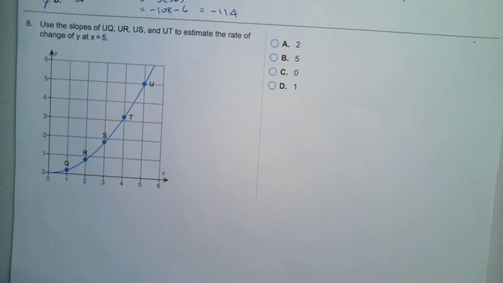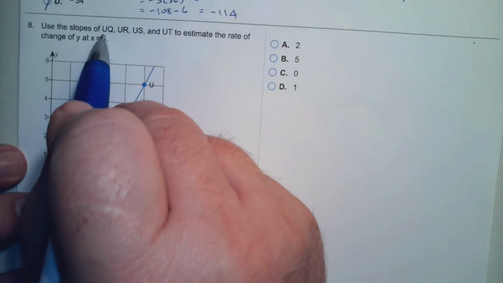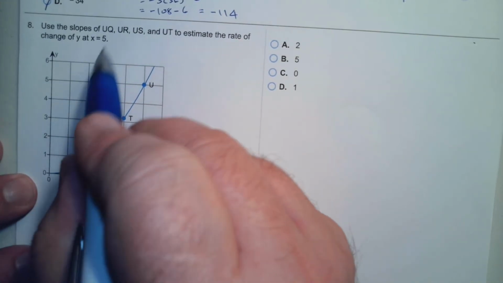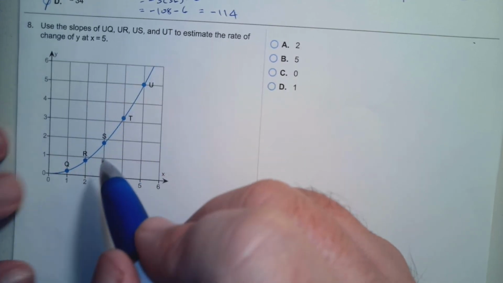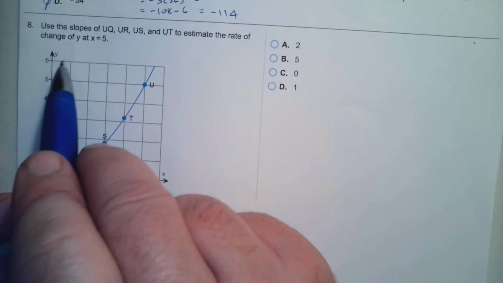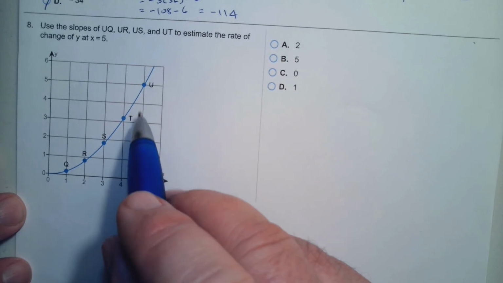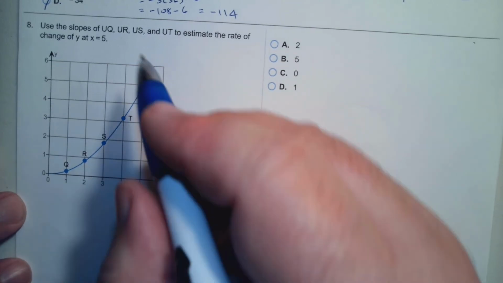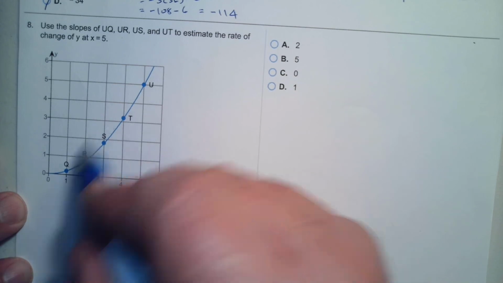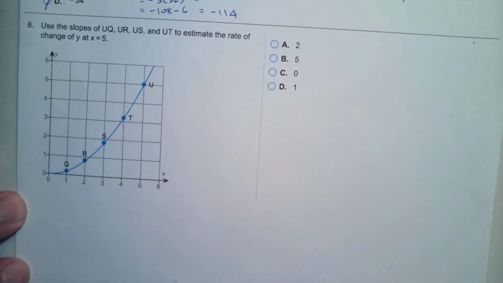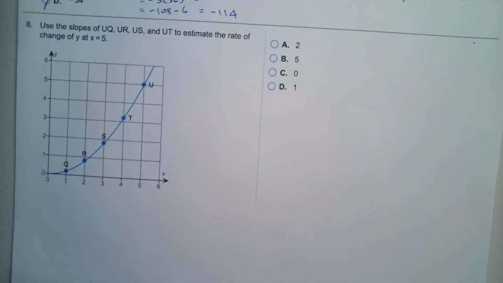Now number 8. Use the slopes of UQ, UR, US, and UT to estimate the rate of change at x equals 5. So what we're going to do is use the slopes of these secant lines to estimate the slope of the tangent line.